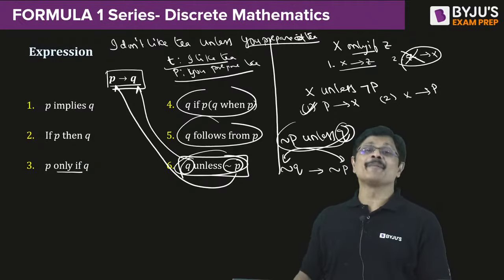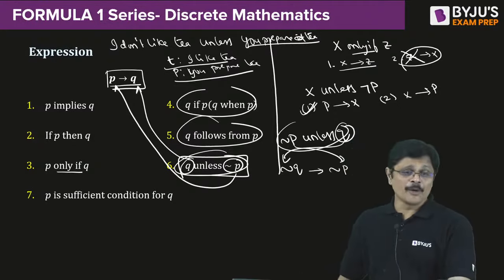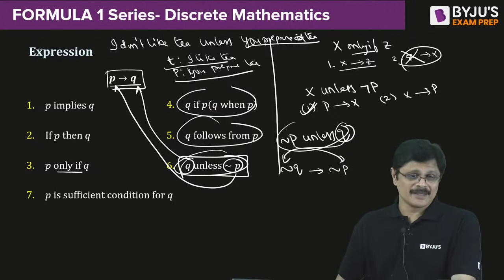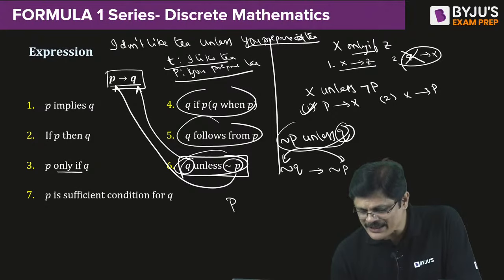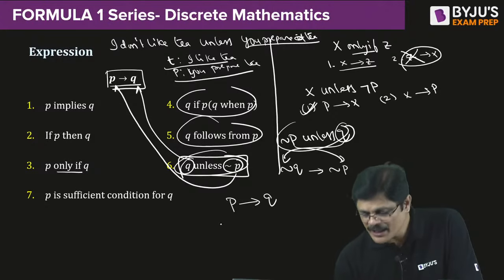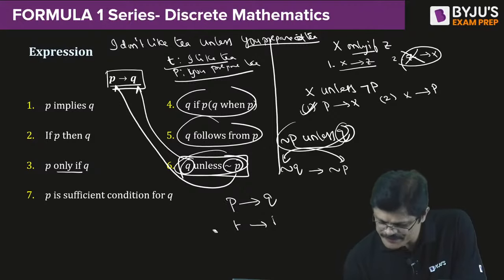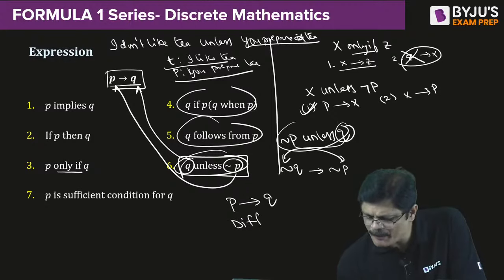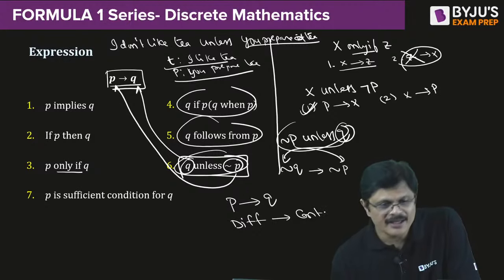Please remember that. And one more important thing, this is very much used in theorems. Generally, you'll get theorems like this. P implies Q. Continuity implies differentiability is wrong. Differentiability implies continuity.